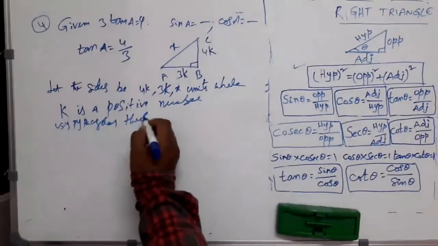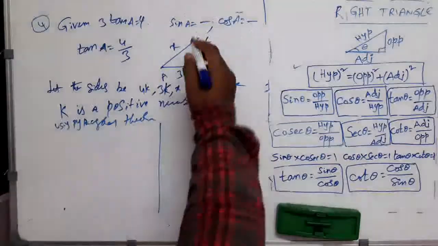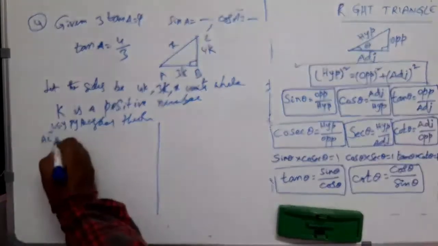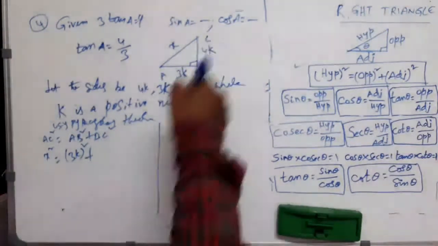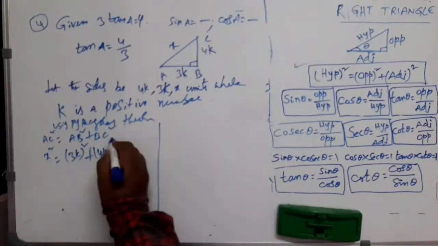So here, using Pythagoras theorem, AC square is AB square plus BC square. So x square is equal to 3k whole square plus 4k whole square.